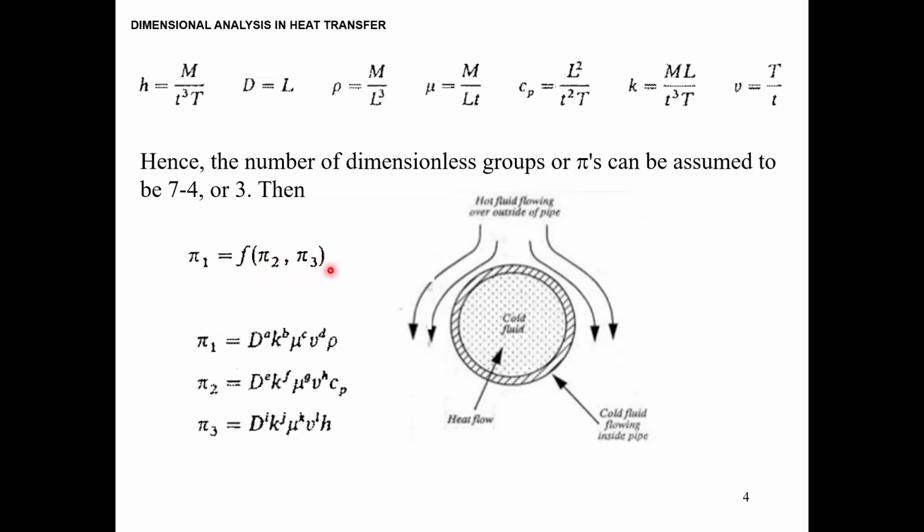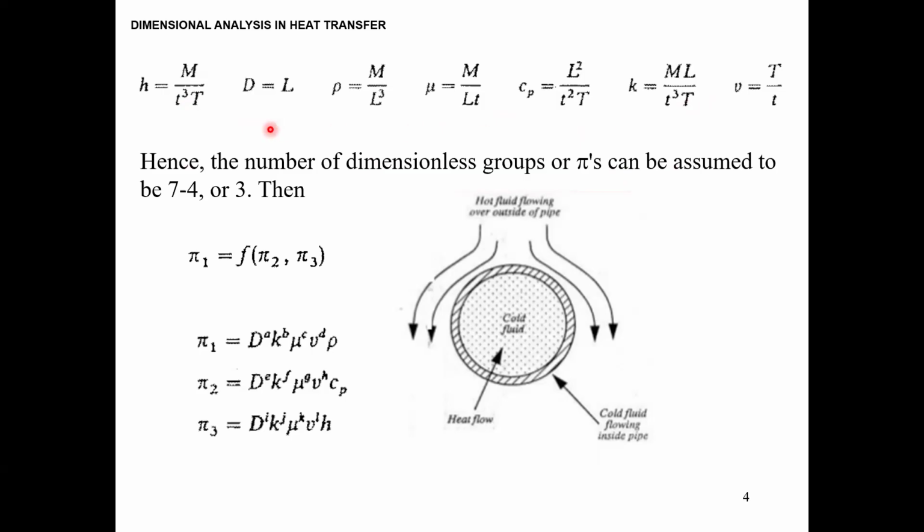All right, and with this method, with dimensional analysis, we are going to find out what these groups would be for this example. Okay, and the variables that we have seen previously, they can be expressed in terms of their fundamental units as shown over here.